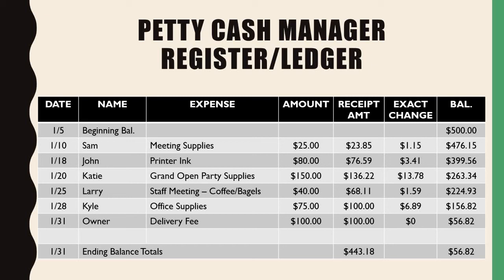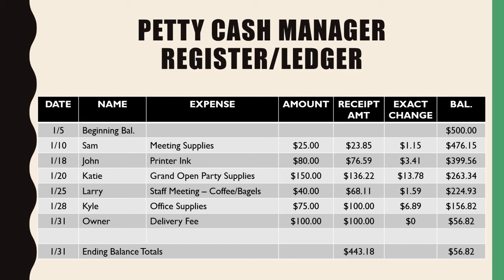So if the receipt says $23.85, they must give you exact change of $1.15, and you place that back into the petty cash drawer. Then you run your balance, because you need a running balance to know how much cash you actually have in your petty cash drawer.